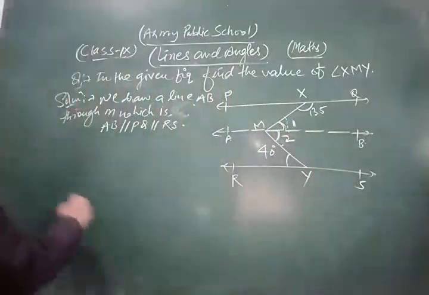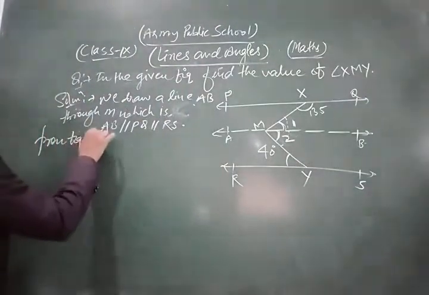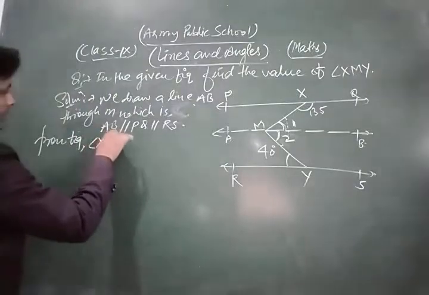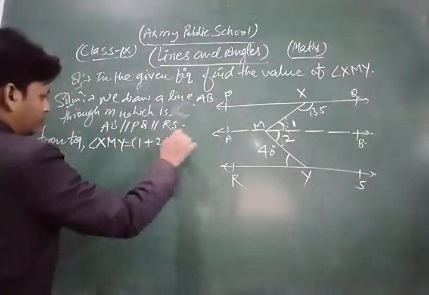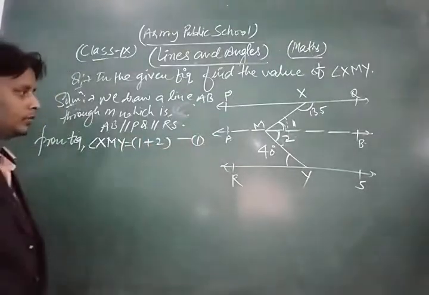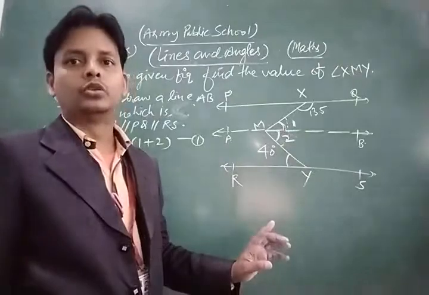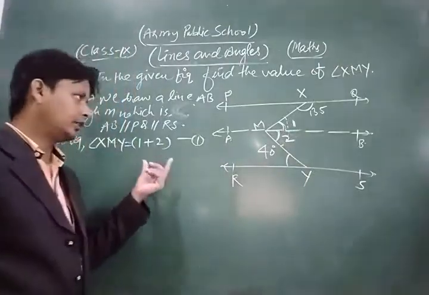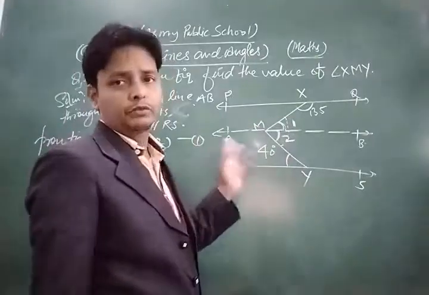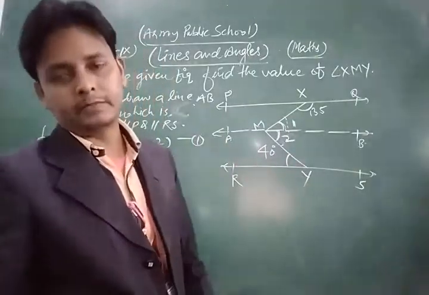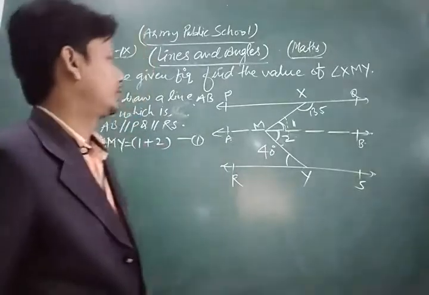Then from the figure, angle x and y is equal to angle 1 plus angle 2. We take this as equation number 1. So after finding the value of angle 1 and angle 2, we just put these values in equation 1. Hence we find the value of angle x plus y.